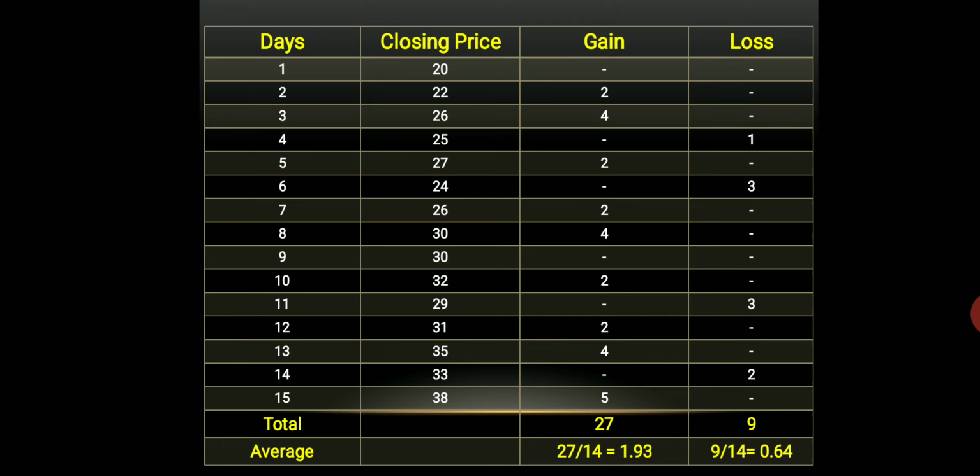The closing price of the first day was 20 rupees. The closing price in the second day was 22 rupees, and all the days in between have been given. The closing price on the 15th day was 38.